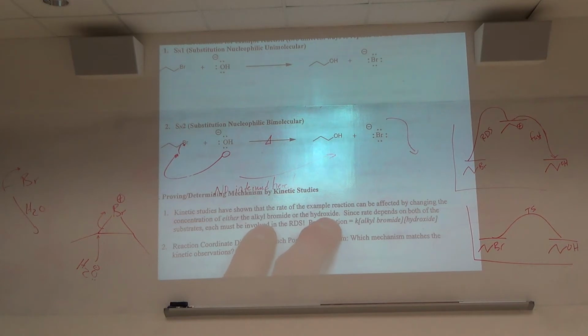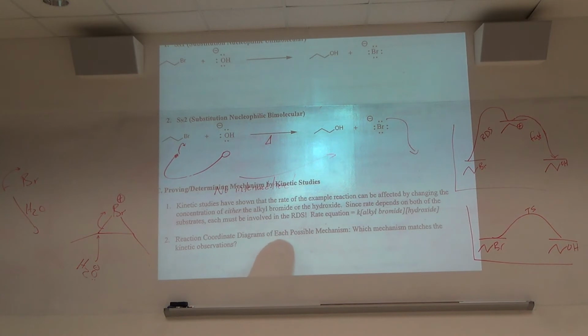They're both involved. If only the alkyl bromide was involved, it wouldn't matter what you do to the hydroxide concentration, it doesn't affect it. The information tells you they're both involved. That information tells you the mechanism is thus SN2.